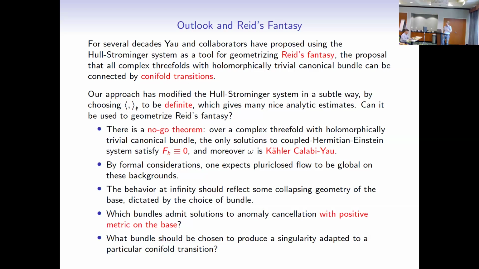So there is some very elementary precursor for the idea that the topology of the bundle can influence the nature of the singular limits at infinity. Like I said, these are only toy examples, but it's slightly unclear even formally, from the PDE, what bundle you should pick even if you know the right conifold singularity you want to produce.